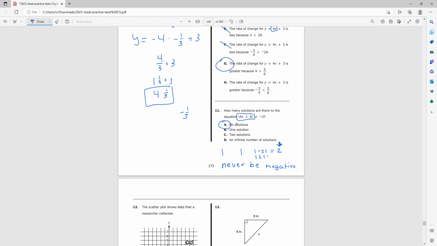The absolute value of 2 is going to be 2. Absolute value pretty much always gives you a non-negative answer. So for this to equal negative 2, despite being in absolute value, is impossible. And that means that there's no value of x that will make this true.